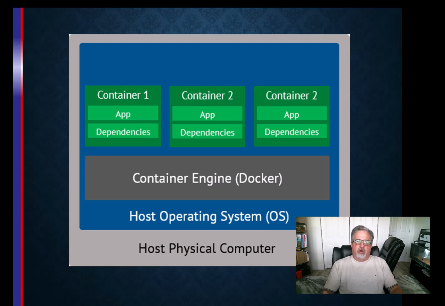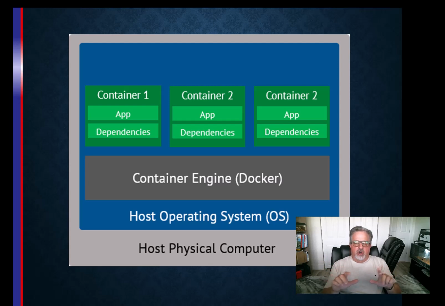If you remember in the previous part 2, I had a graphic much like this, but it was for virtual machines. Remember, I had the Linux virtual machine and the Windows virtual machine. Kind of a similar diagram to this, except there are some core differences here.